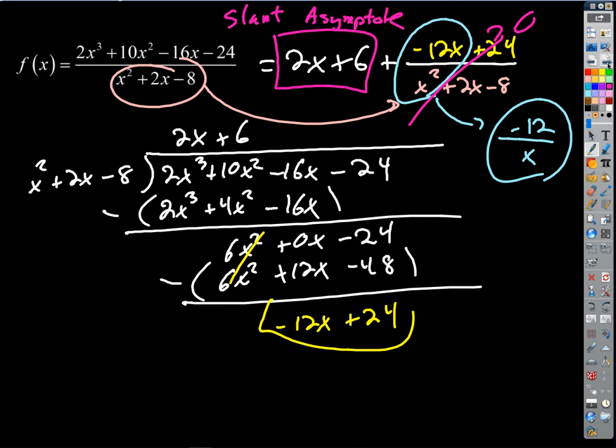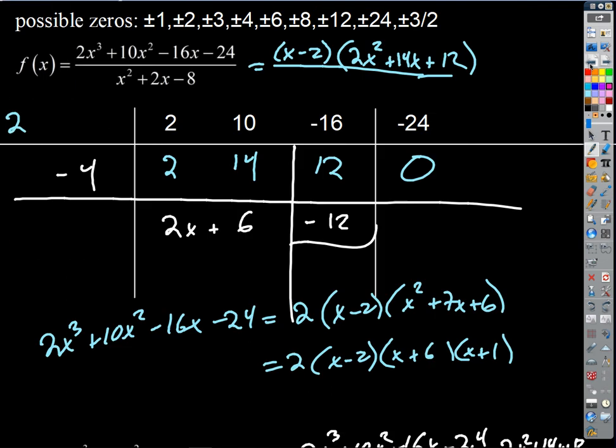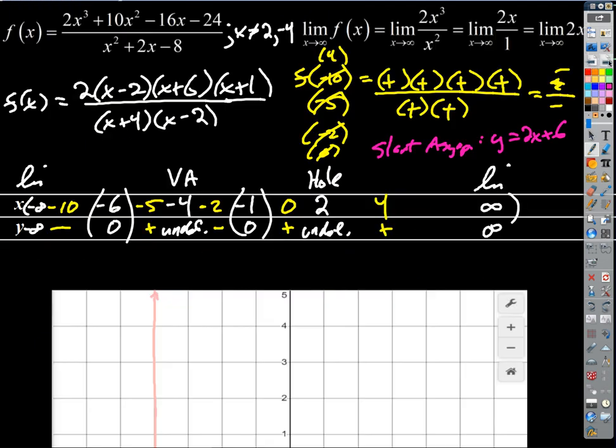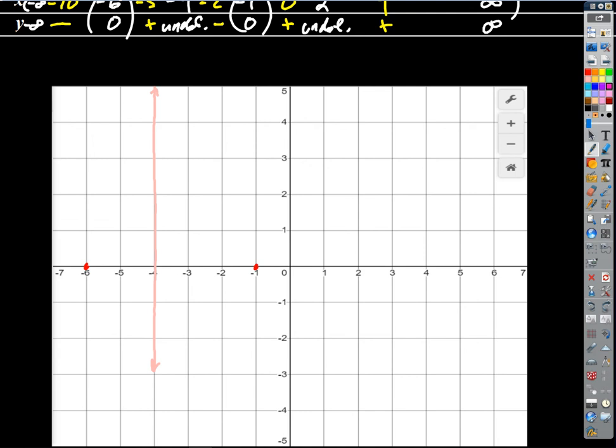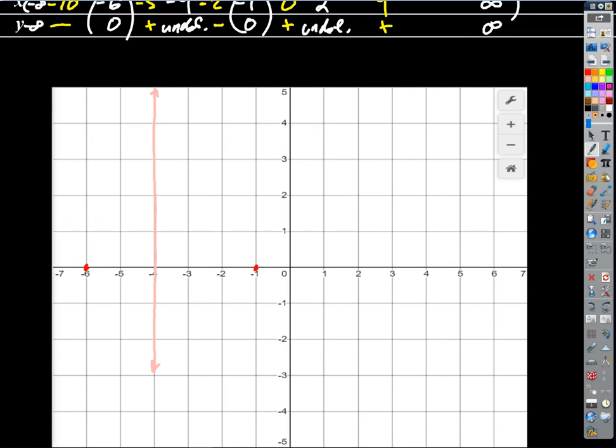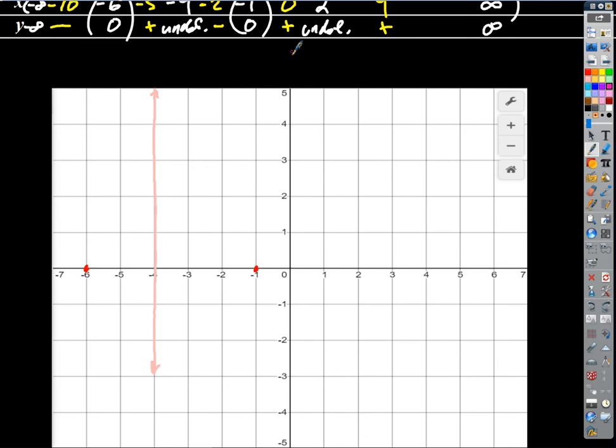Yes, it is. So then if I draw that slant asymptote in there, it's not a very convenient one. There's a y-intercept of 6. My slope is 2. So it'd look like this, right? Something like that. There's my slant asymptote.